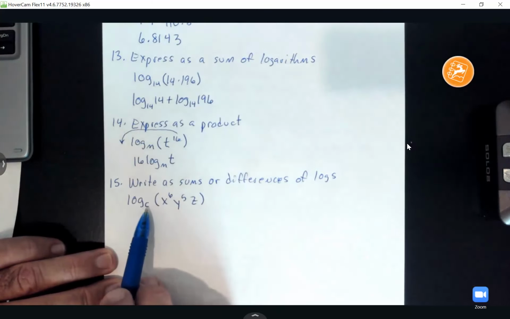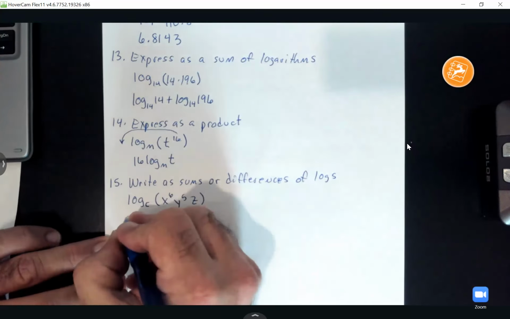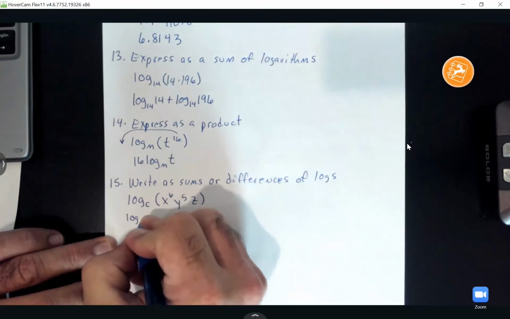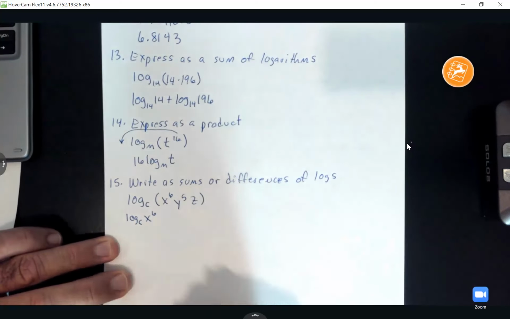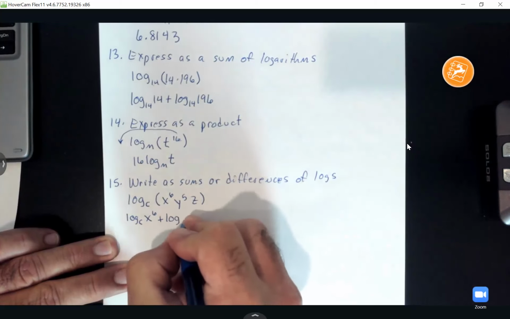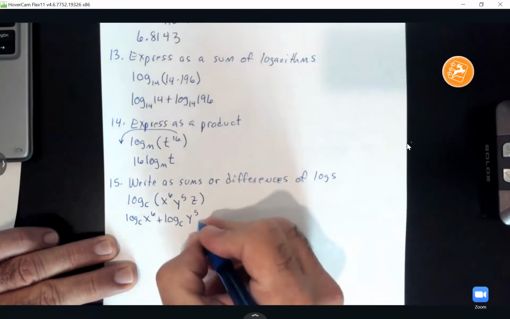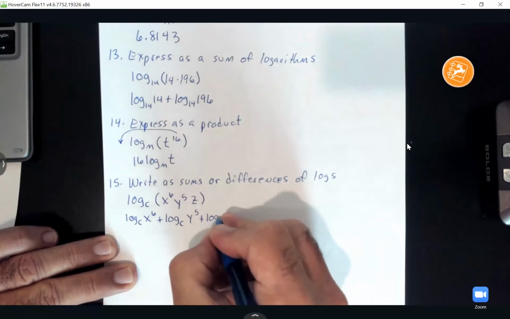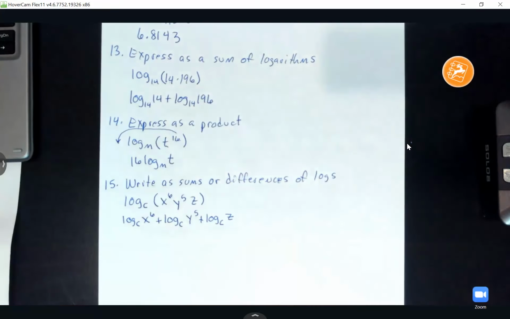We're going to distribute log C to all three factors. So we get a log C of x to the 6th plus a log C of y to the 5th plus a log C of z.